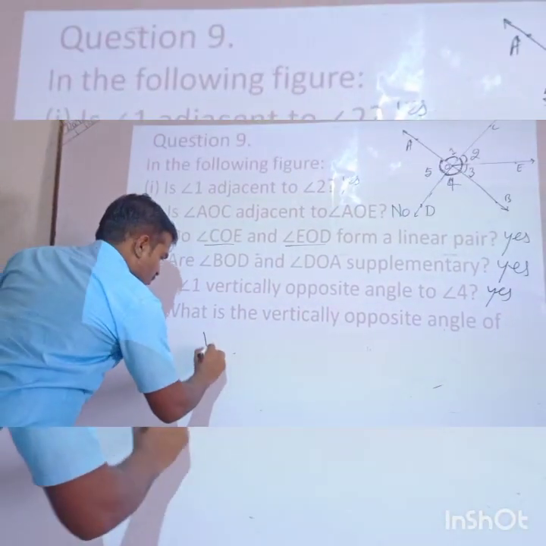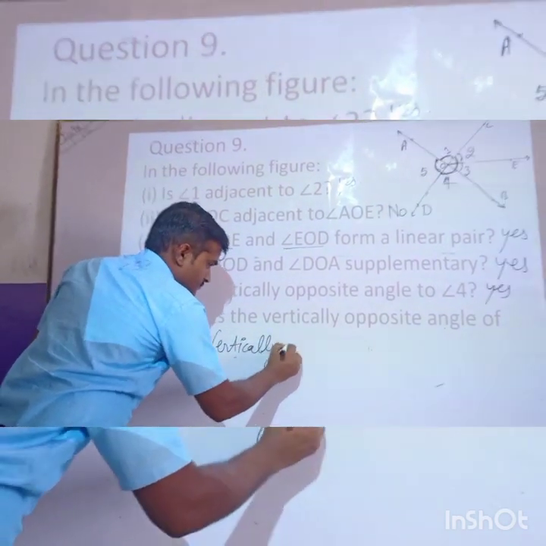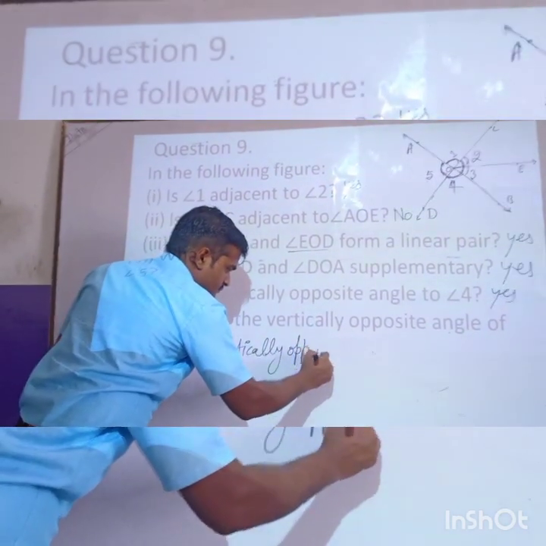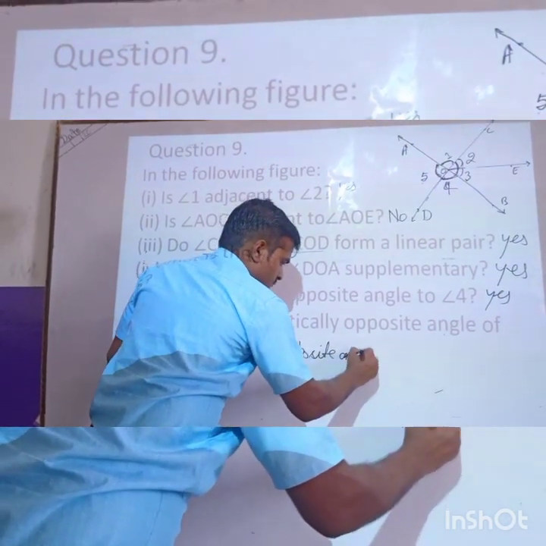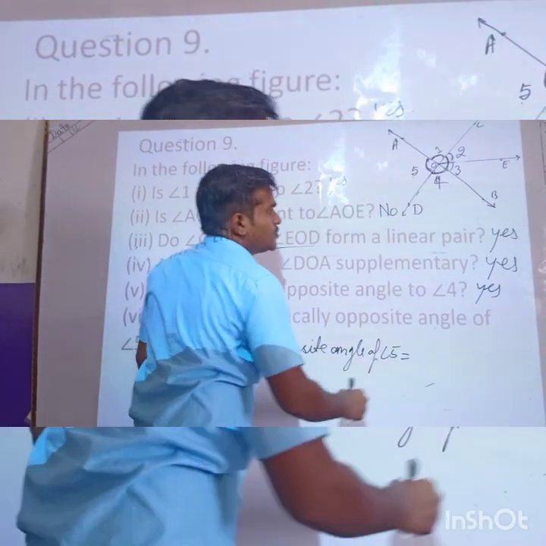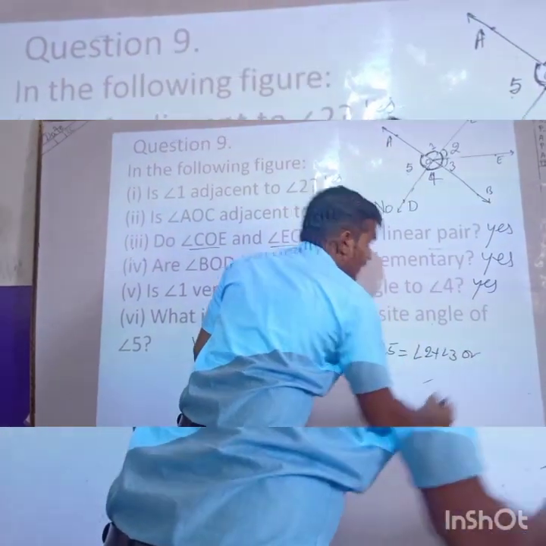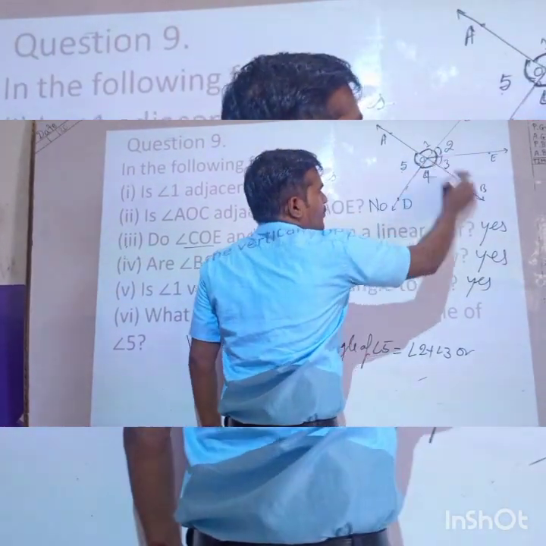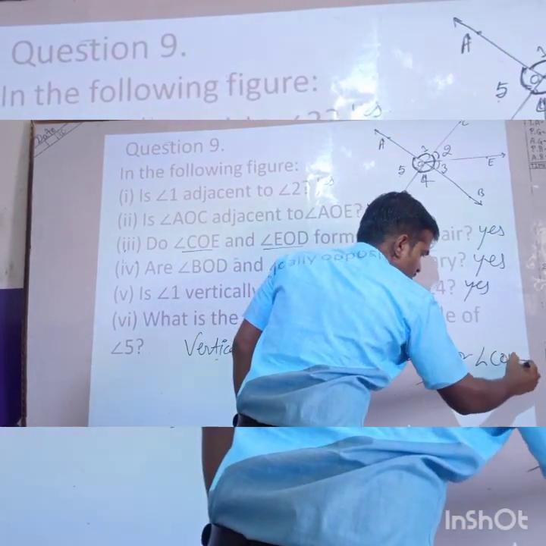So the vertically opposite angle of angle 5 is equal to angle 2 plus angle 3, or angle COB.